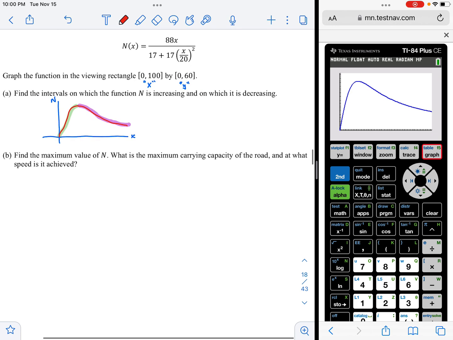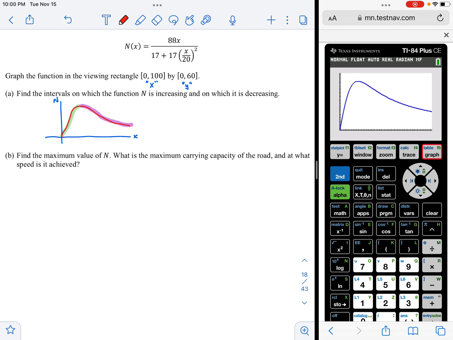Now part B is asking us for the maximum value of N, so we're going to do both things at once here. I'm going to go to my calculator, press second, calculate, and choose option 4, which is the maximum. Then we scroll over so that we are left of the maximum and hit enter, and then go to the right and hit enter.